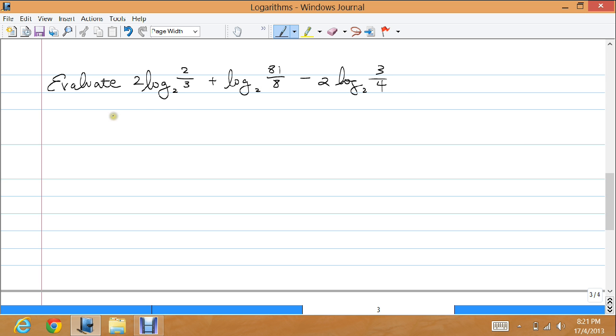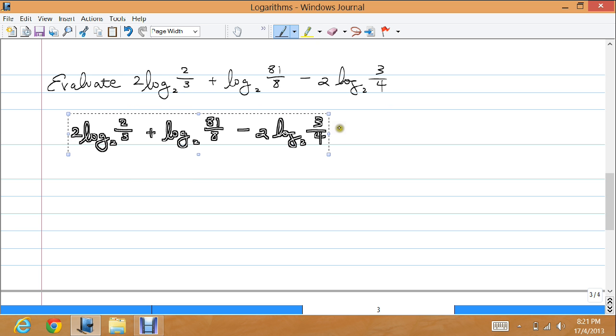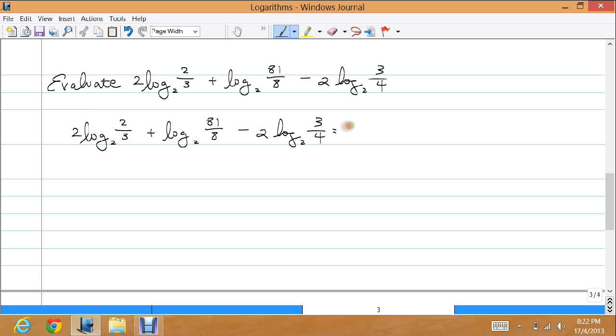For the first term, let's just copy this. It's going to be equal to, by the third law, log base 2 of 2 over 3 squared. The second term, let's leave it alone.